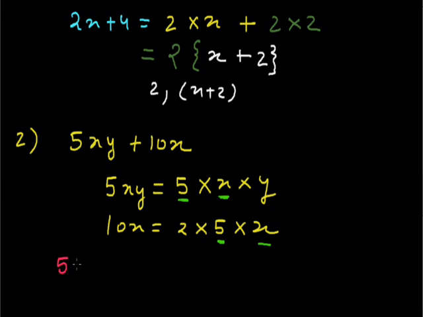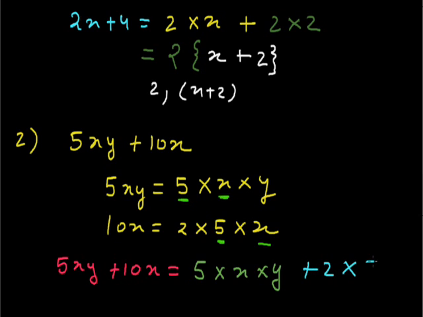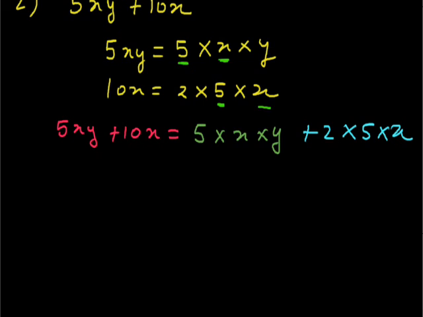So 5xy plus 10x can be written as 5 into x into y plus 2 into 5 into x. Now we can take out 5x common.